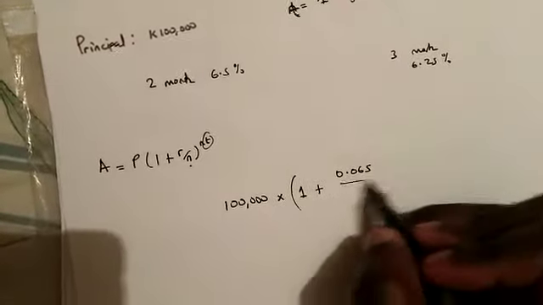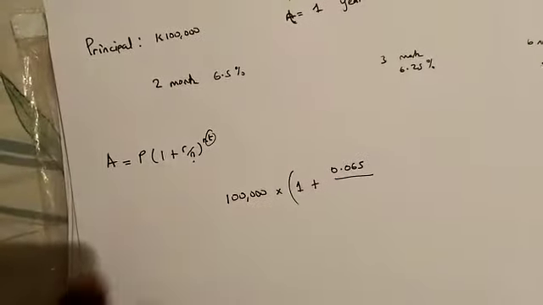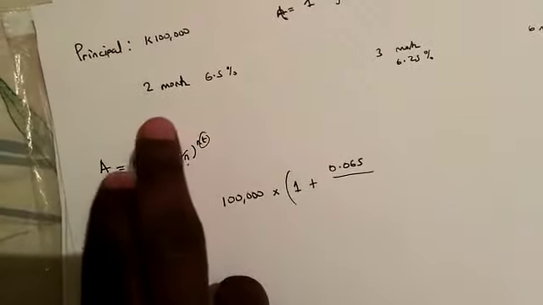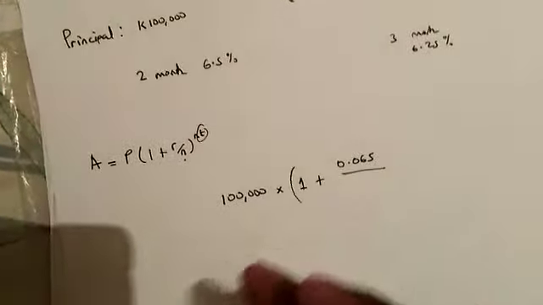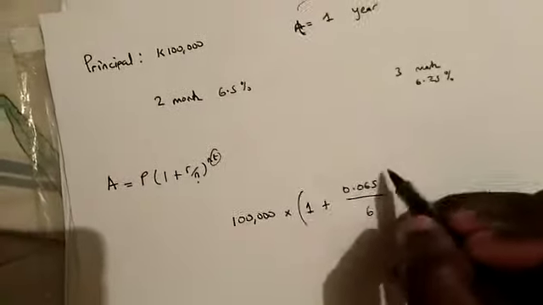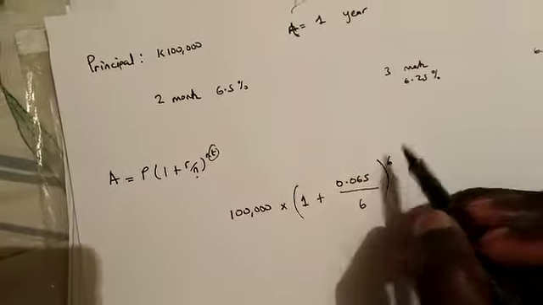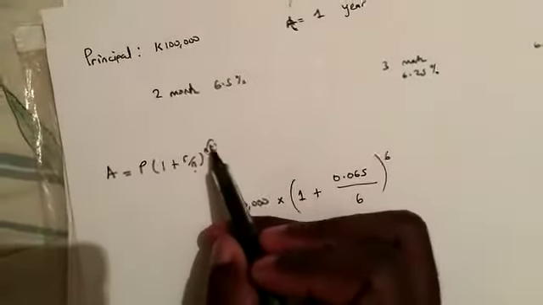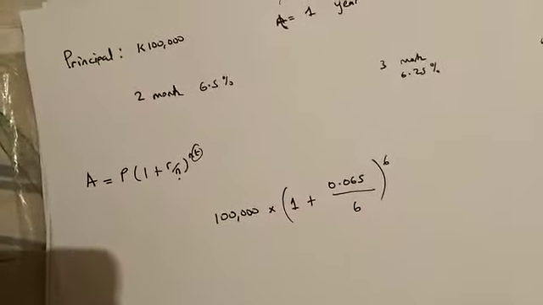This is divided by the number of times you're compounding. You're compounding every 2 months, so within a year there are 2 months, 2 months, 2 months, giving 6 times. And this should be raised to the power 6 as well. Our t is 1 year, so that's why we still have the 1 on that side.